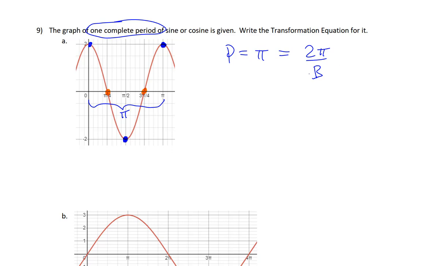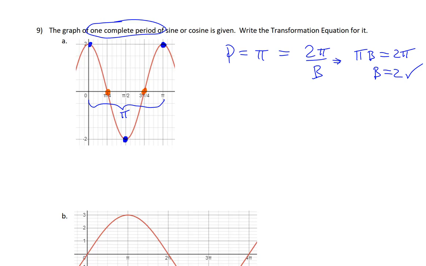You can cross multiply, so pi times b equals 2 pi, which means if you divide by pi on both sides, b equals 2. Okay, so that's a big clue on what's going on here.